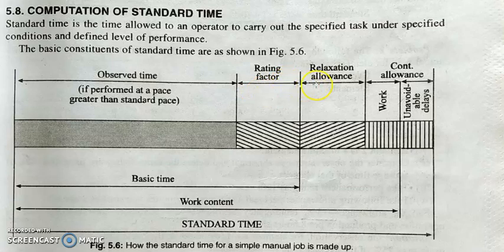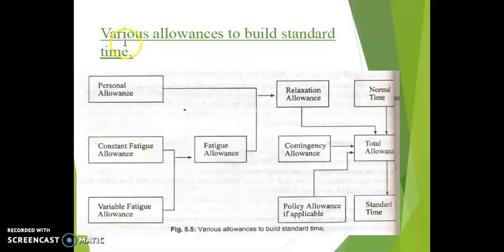Then we have to consider the relaxation allowance, then interference and contingency allowance, and policy allowance if applicable. We will consider these allowances. Now let us see the picture or a chart of how a standard time is calculated in the next slide. Here various allowances to build the standard time are mentioned with respect to this figure.